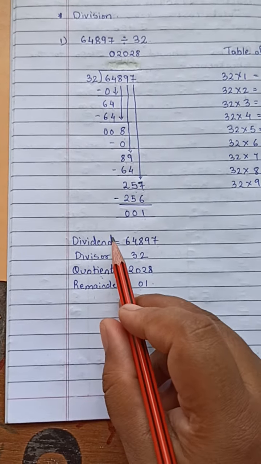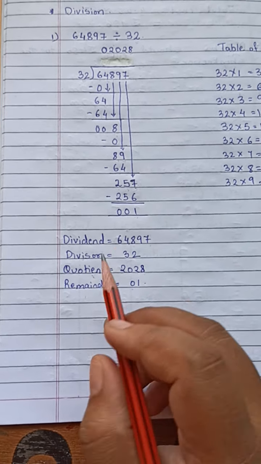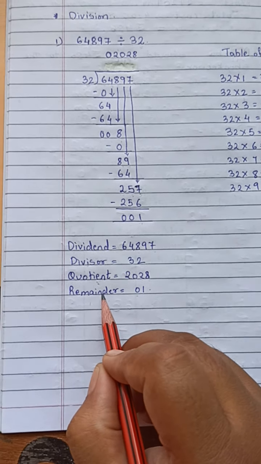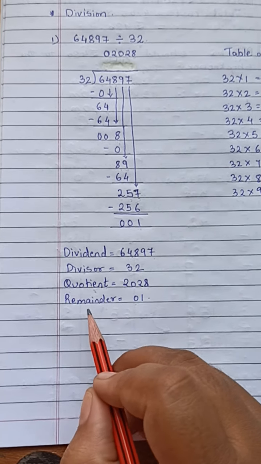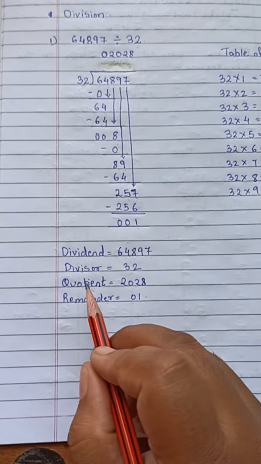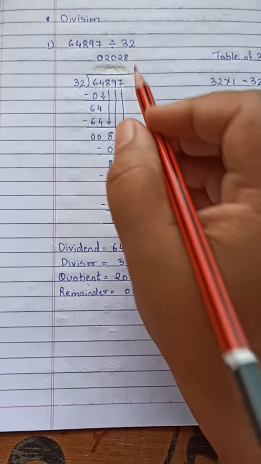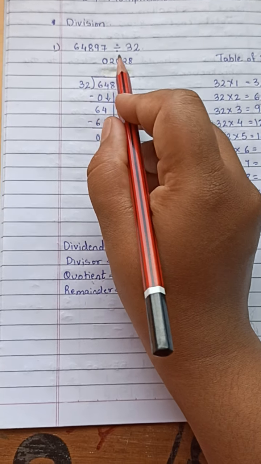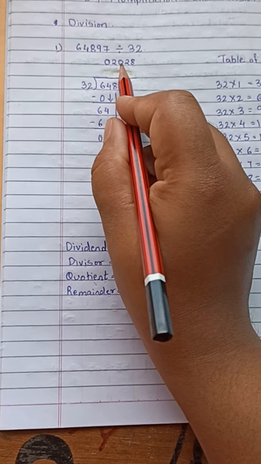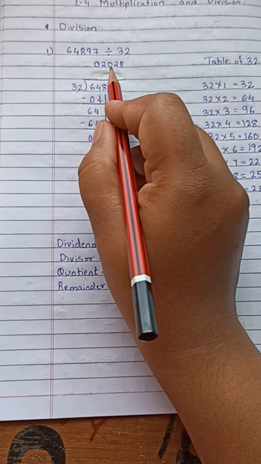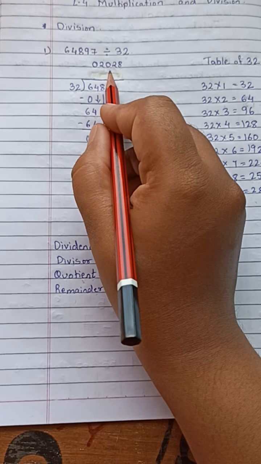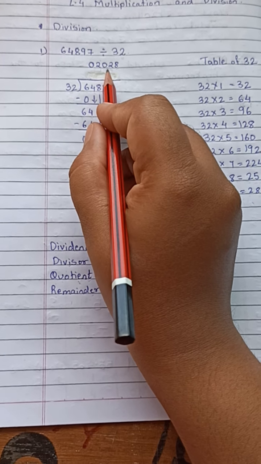Yes, this we have already studied, but here are two new words we have to study, that is quotient and remainder. Quotient means the answer which we get on top of the division. This number is called the quotient. Can you see this? Okay, very good.